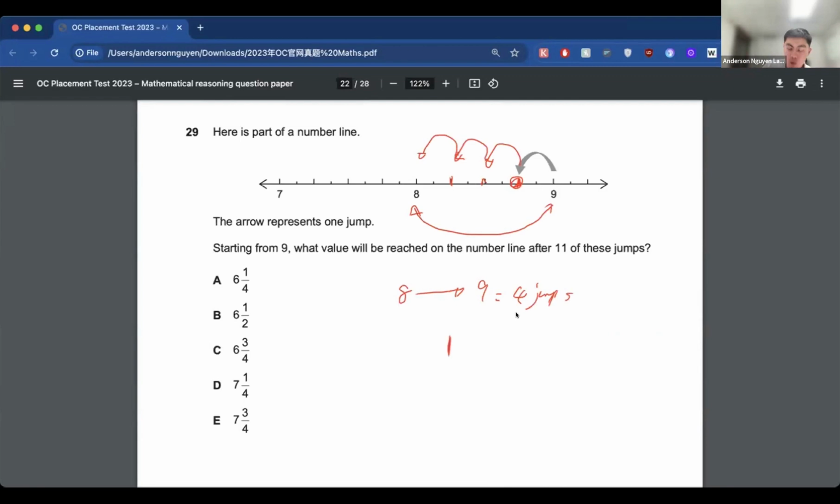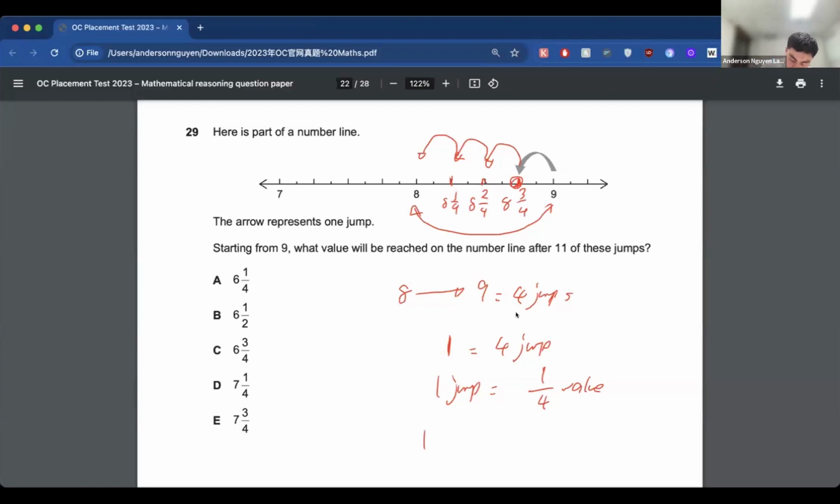So 1 as a value is worth 4 jumps. So 1 jump is 1/4. The value is 1/4. So this should be 8 1/4, 8 2/4, 8 3/4, and eventually you reach 8 4/4, which is 9.